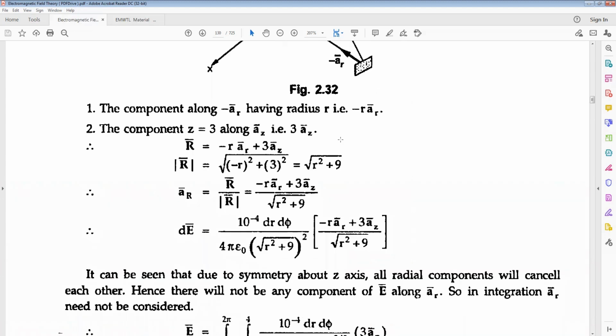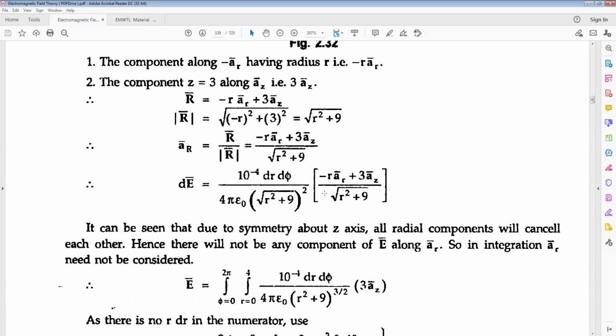Here we are eliminating the r components. Previously, for the uniform charge distributed on the z-axis, the z component was eliminated. Now the r component is eliminated, and only the z component is taken: 10 power minus 4 dr and d phi over 4 pi epsilon naught, r square plus 9 to the power 3 by 2. So we are not taking that r into r bar.